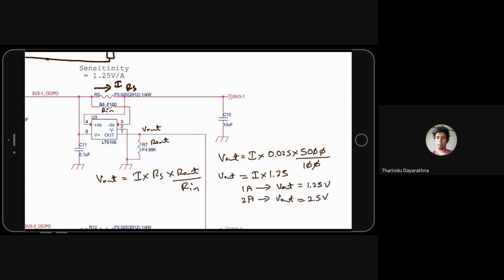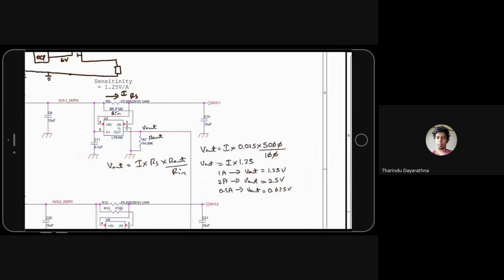In between values, let's say 0.5 ampere goes, V out will be 0.625 volt. So it's a linear relation.